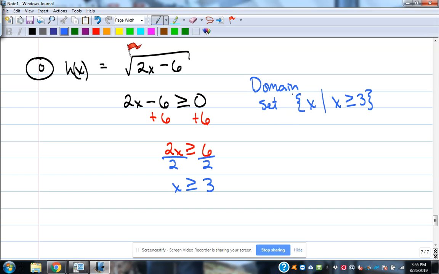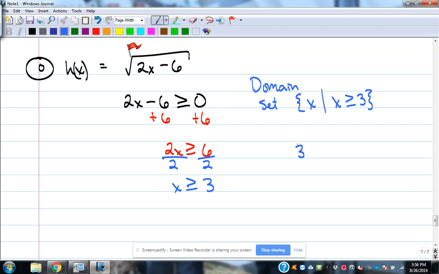In interval notation, what's the lowest number that x can be? Read that inequality. X is greater than or equal to 3. So that means 3 is the lowest number that we can have. Can we use 3? Why? What part of that inequality tells me 3 is okay to use?